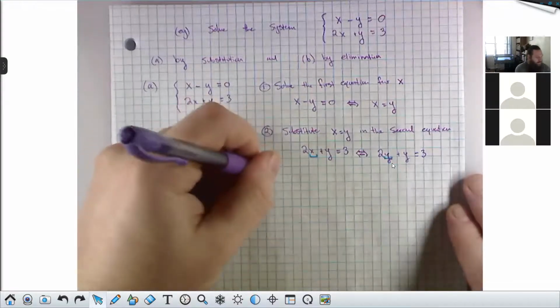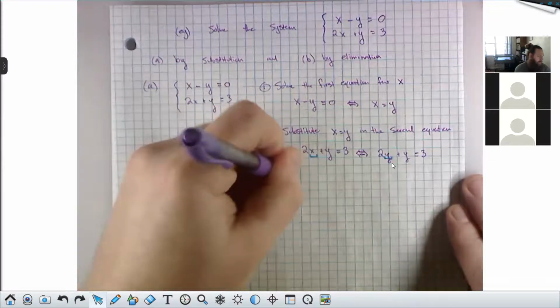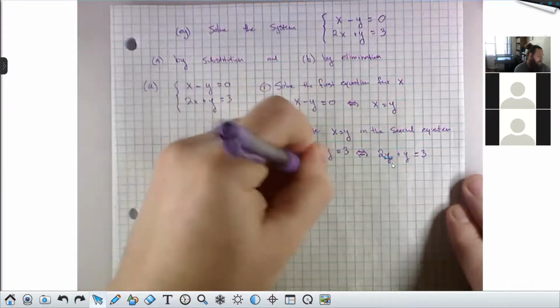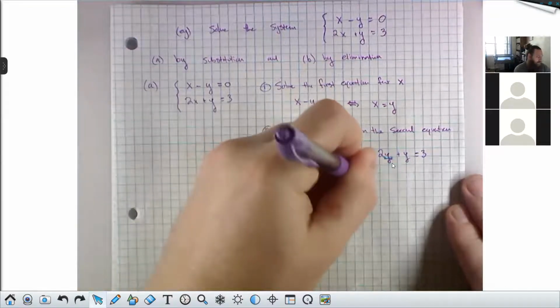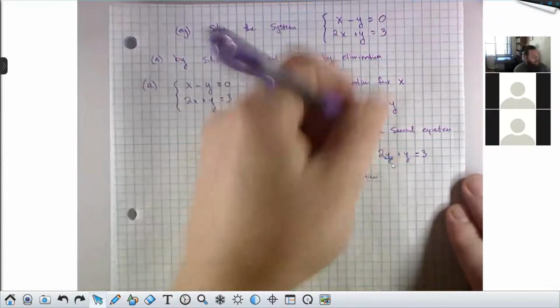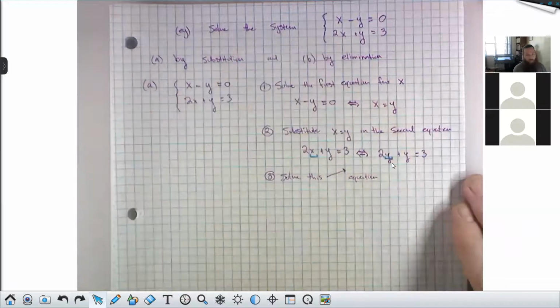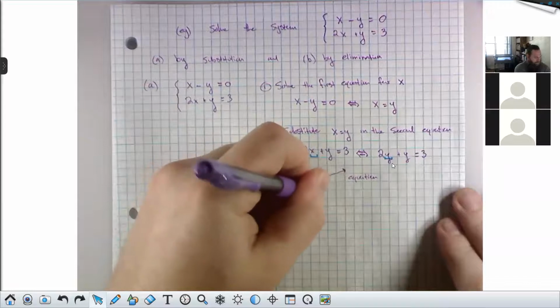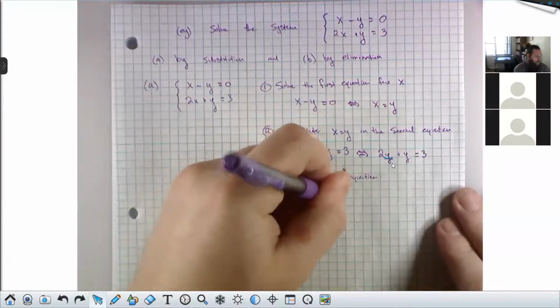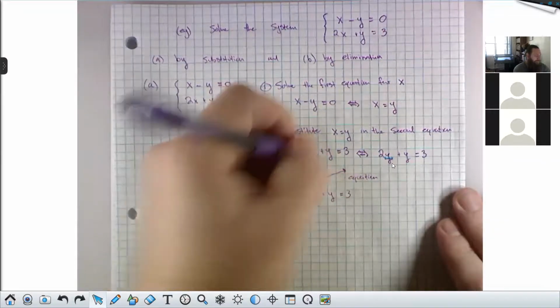And now I solve this equation for its variable, right? Whatever the variable is here, the variable is y. So I have 2y plus y equals 3.